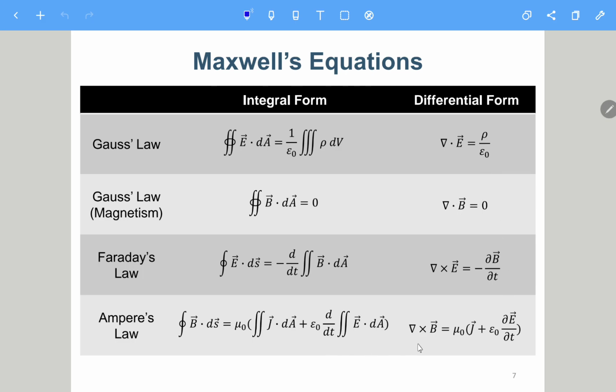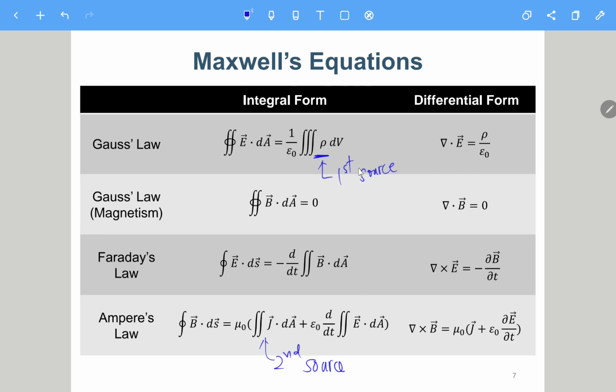I would say this is the first source for the equation, and then this is the second source. In the Maxwell equations we only have two sources. One is this charge, and the other one is this current.